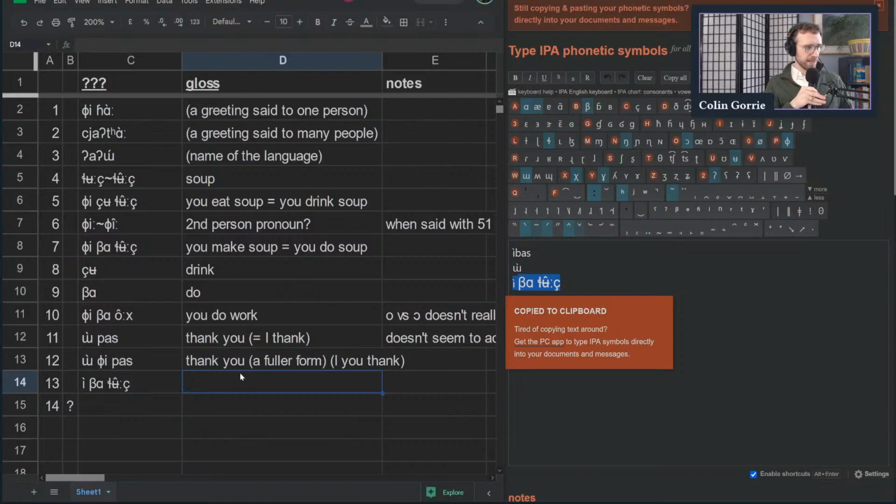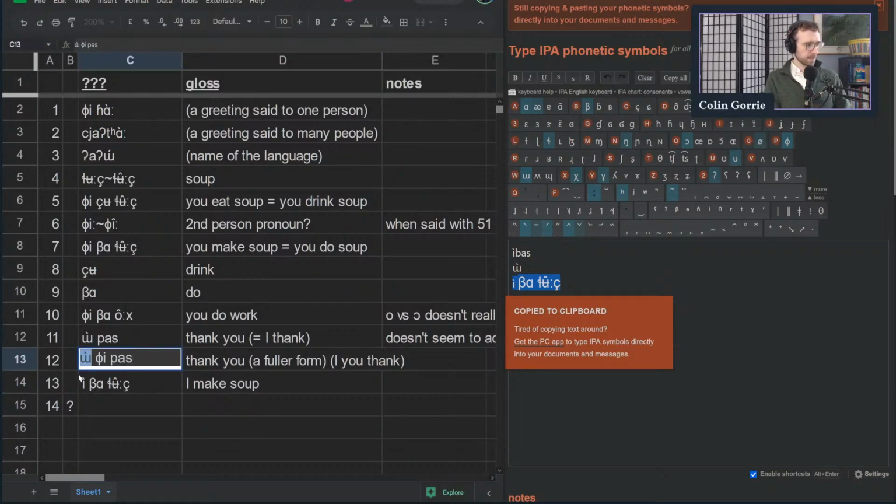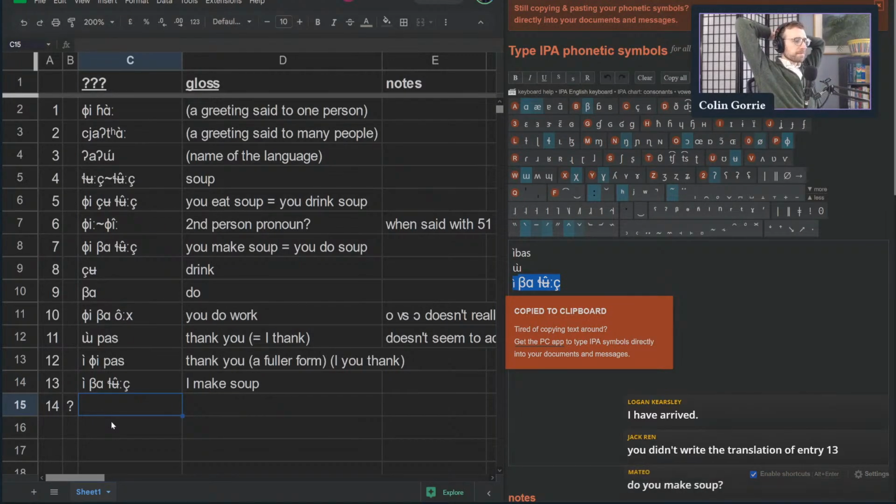So this iwahli means I make soup. Well, sorry. A better way to say number 12 might be ifibas instead of ifibas. Interesting. Okay, cool.